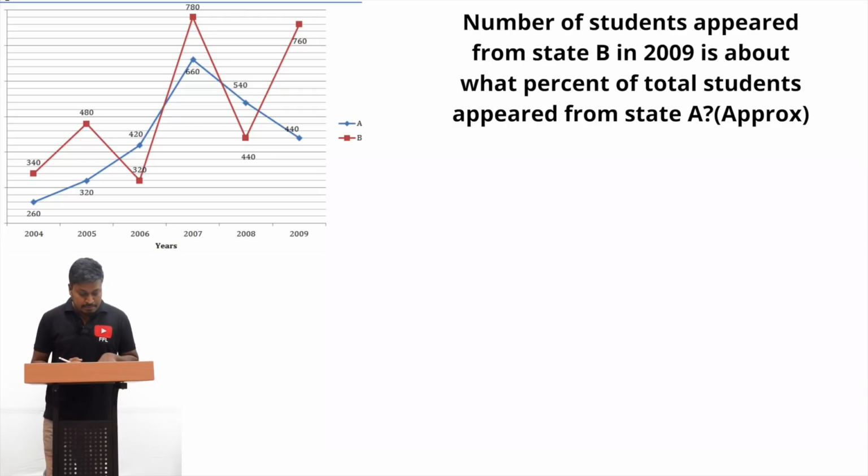So the total number of students from state B in 2009 will be 760, divided by the total number of students from state A. So state A total number of students will be 260, 320, got it, then 420, 660, 540 and 440.